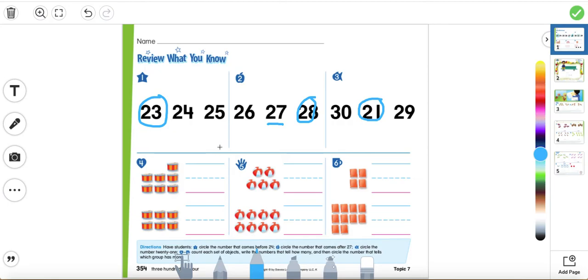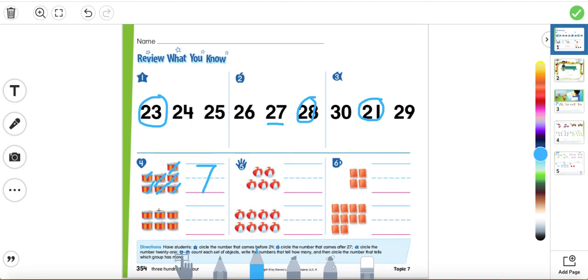Okay, for number 4, 5, and 6, we're going to count each set of objects, write the numbers that tell how many, and circle the number that tells which group has more. So let's count. 1, 2, 3, 4, 5, 6, 7.